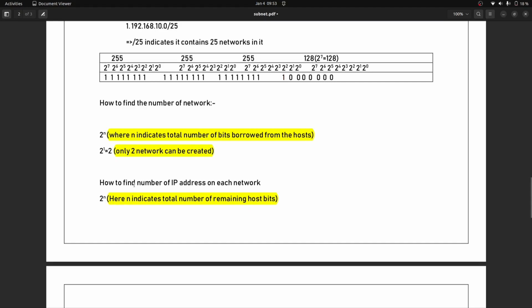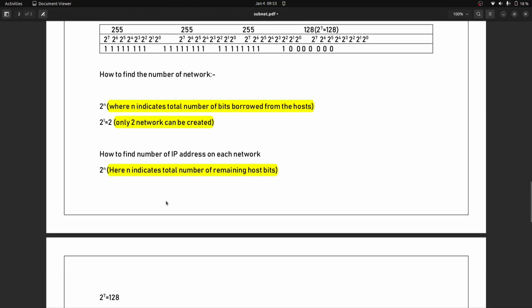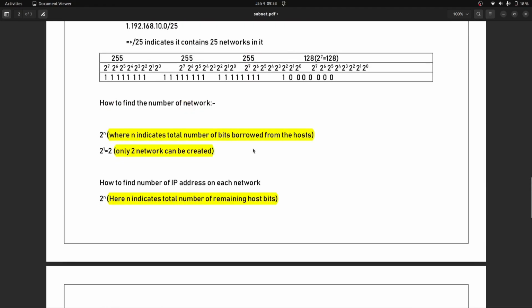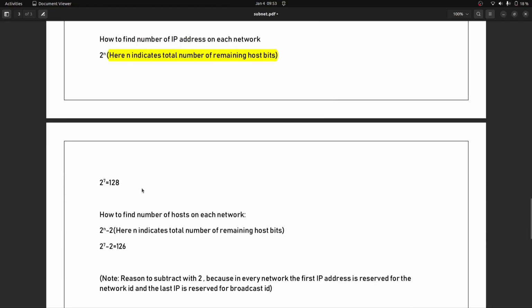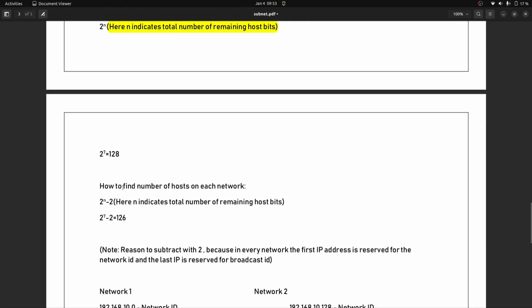Let's see how to find the number of IP addresses on each network. The formula for that is 2 to the power of n. Here n indicates the total number of remaining host bits. The remaining host bits are 7 because 1 is reserved for network and the remaining 7 are reserved for host. So the answer is 2 to the power of 7, which is equal to 128.